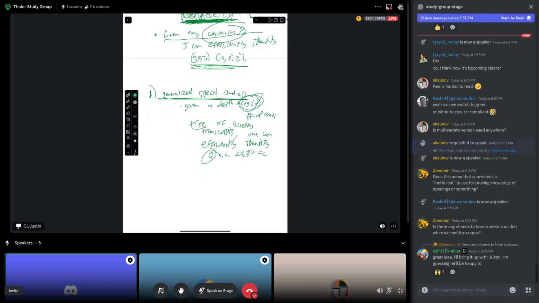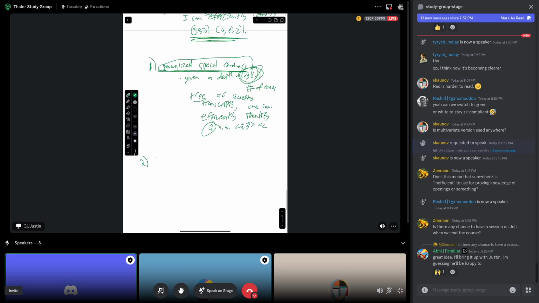So first you show Bulletproofs satisfies this notion of generalized special soundness. And then you show what is called a forking lemma. It says given any convincing prover, any prover that with non-negligible probability convinces the Bulletproofs verifier to accept, by running the prover many times I can efficiently identify a tree of accepting transcripts.